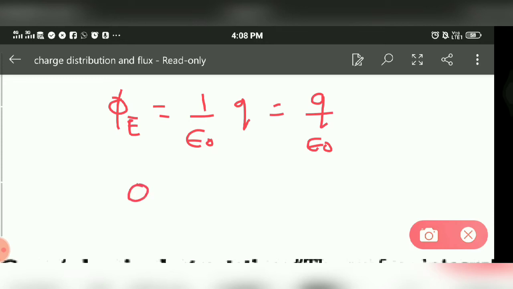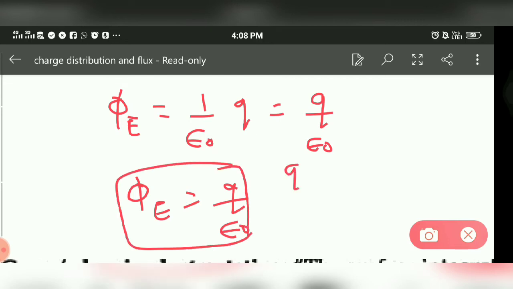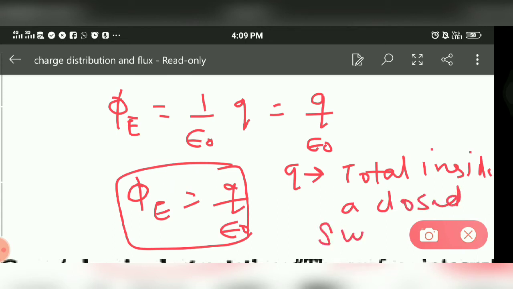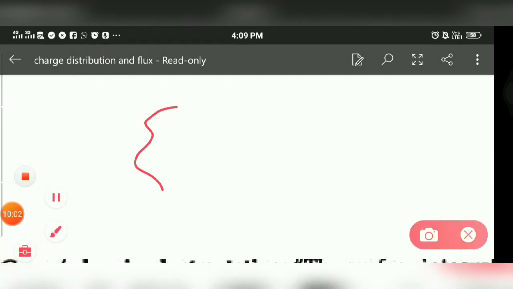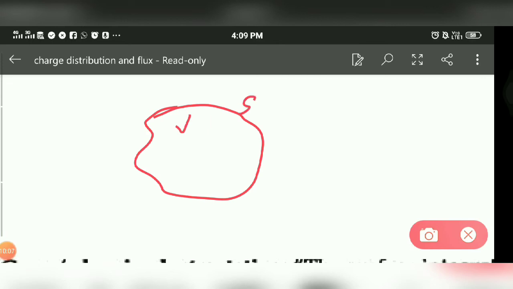So according to the Gauss theorem, phi E is equal to Q by epsilon naught, where Q is the total charge inside a closed surface. What does it mean? Suppose this is a closed surface enclosing volume V, and there are 4 charges in it: Q1, Q2, Q3, Q4.